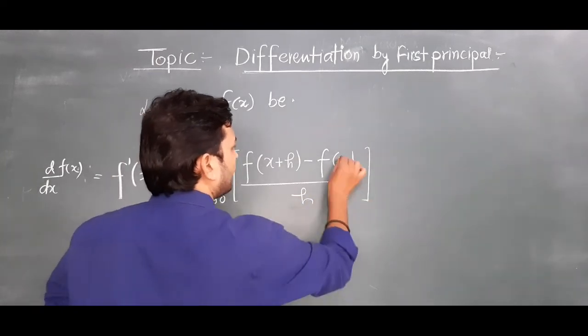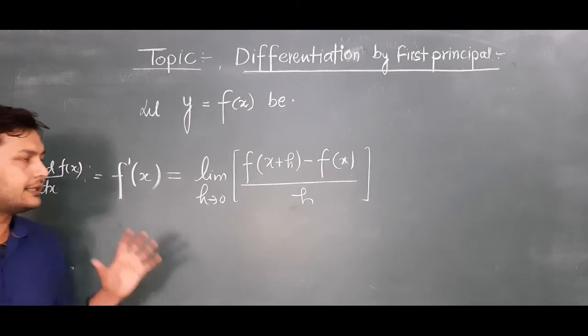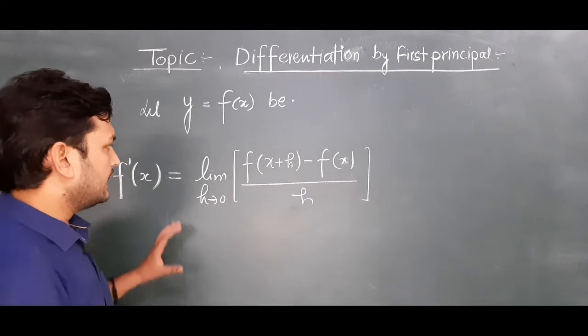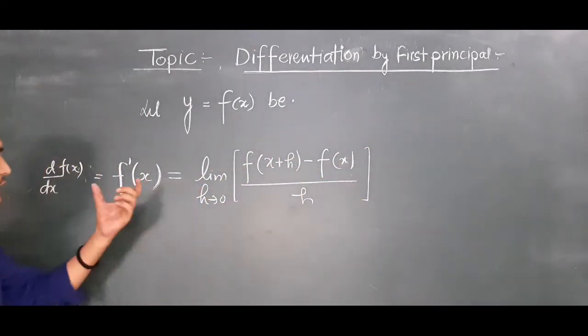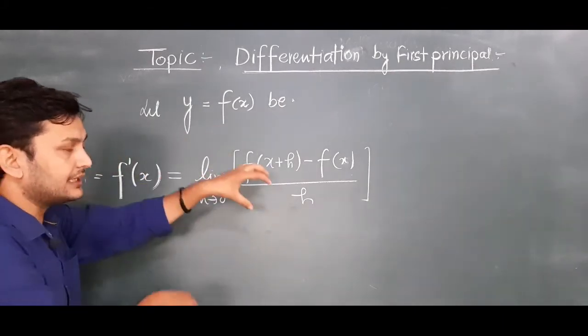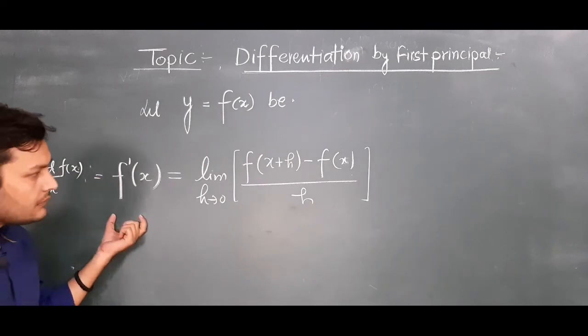To find the derivative of a given function by first principle, we will use this formula, and the result, f dash x, is the derivative of the given function.